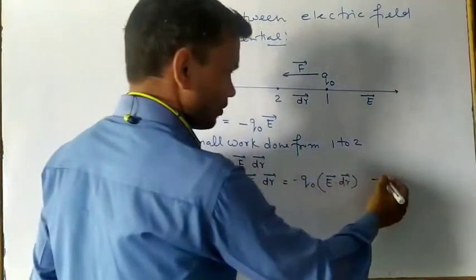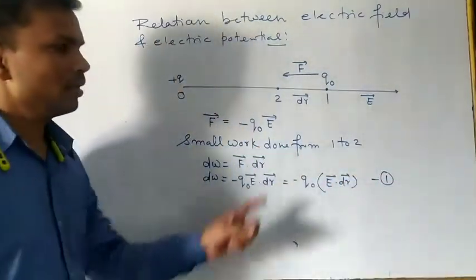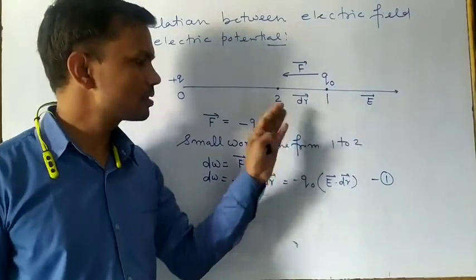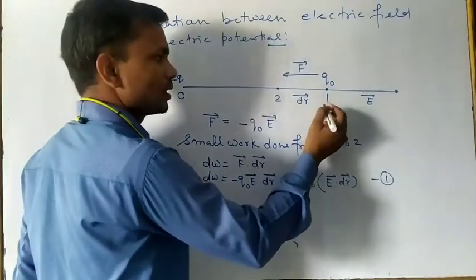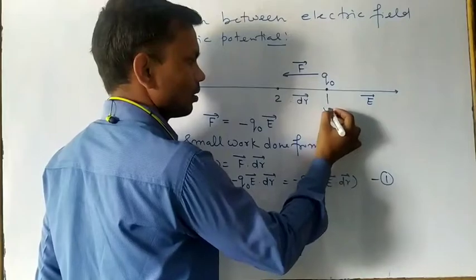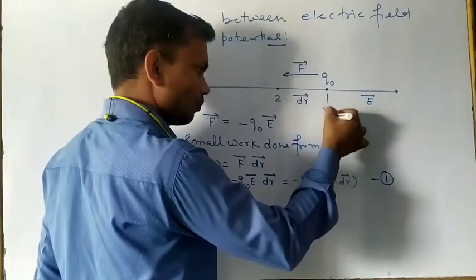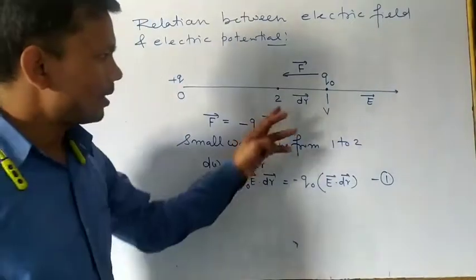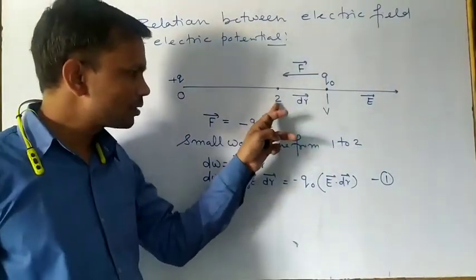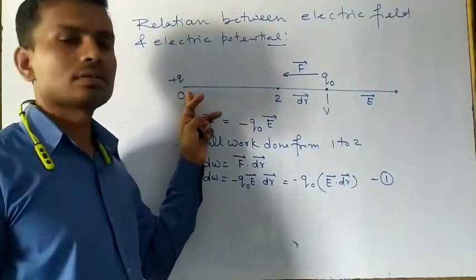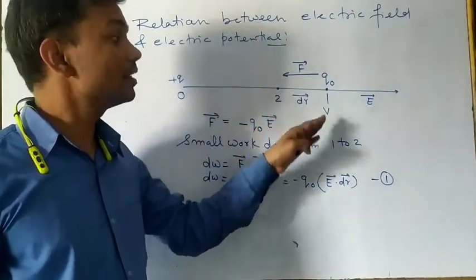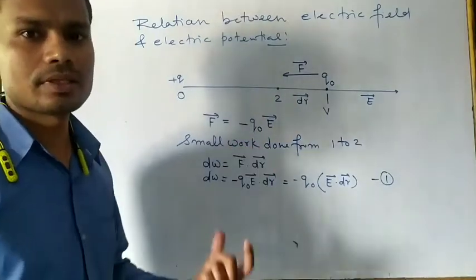Now if you use the definition of the potential difference, suppose the potential at point 1 is V. Point 2 is closer to this plus Q charge, so definitely the potential at this point increases a little because the distance is also very less.